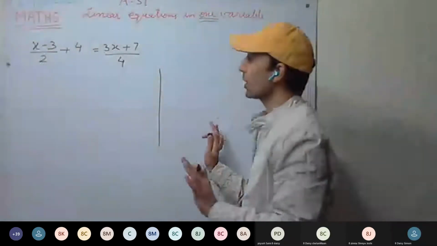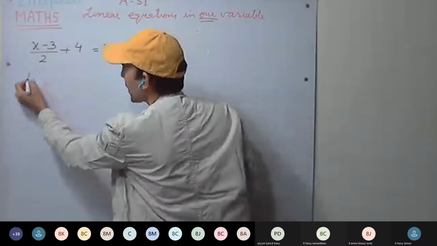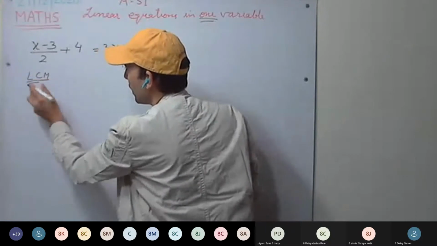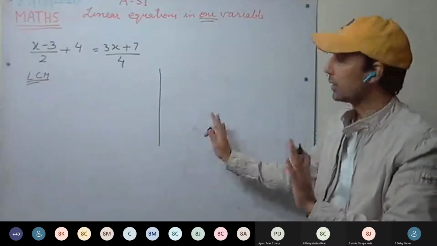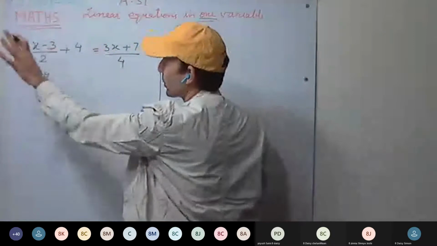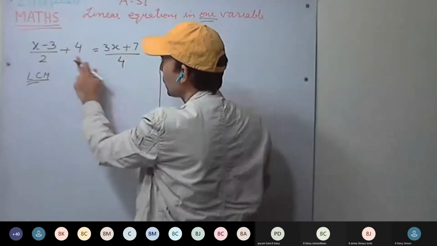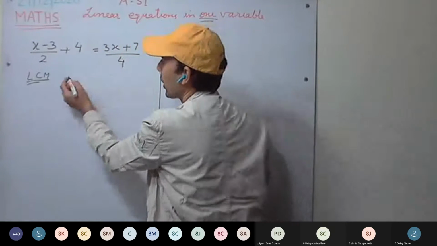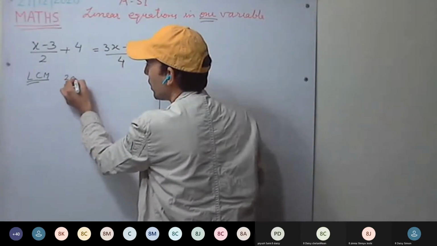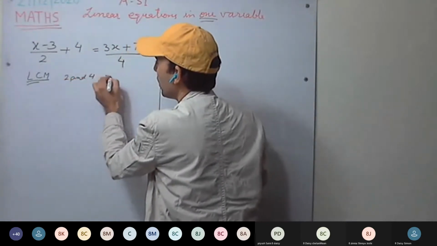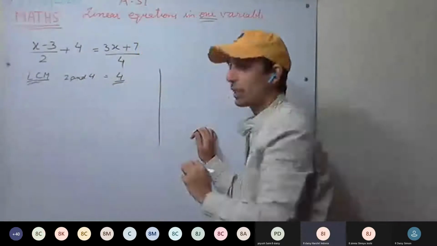First, I'm simply taking the LCM. Okay. First, I'm doing it with the LCM. That is, I'm taking the LCM for the whole expression. So what is the LCM for the whole expression? Left hand side we have 2, right hand side we have 4. So what will be the LCM of 2 and 4? It will be 4.